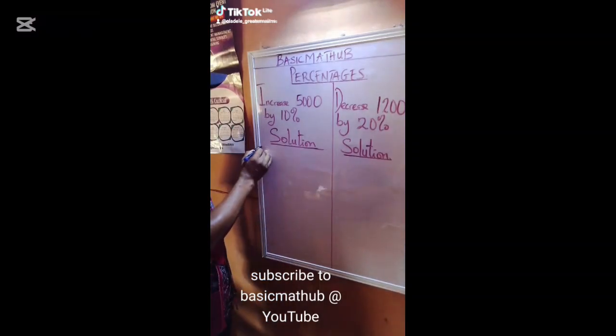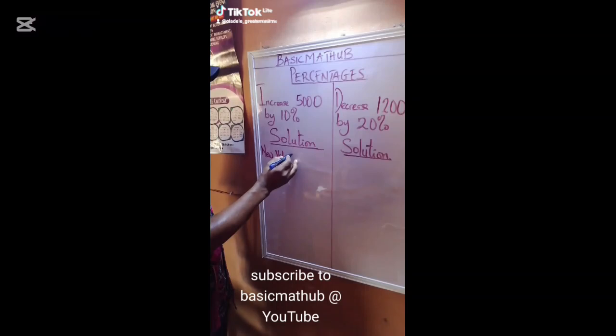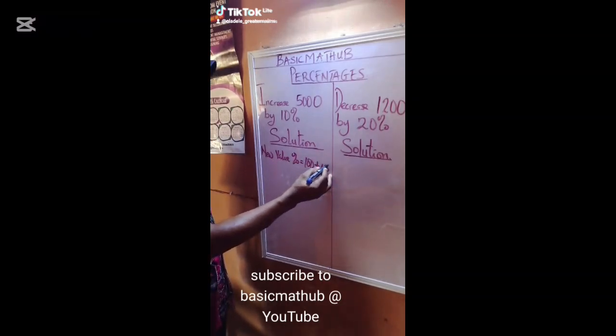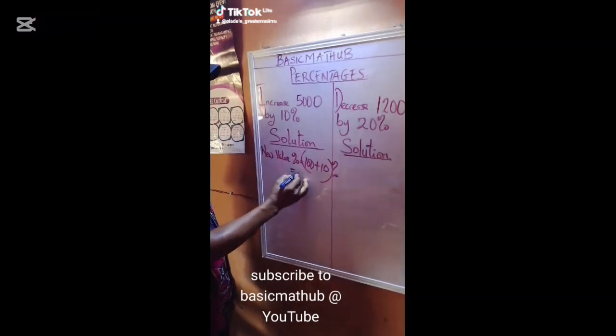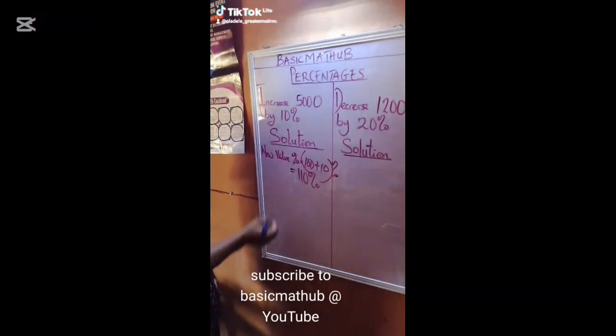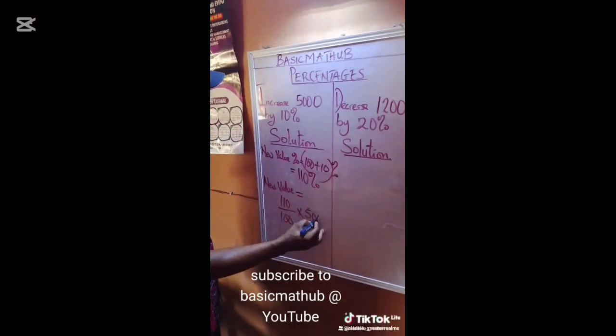So that means our new value in percentage will be equal to 100 plus 10, everything in percentage. So that means our new value is 110%. So our new value will now be equal to 110 over 100 times 5,000.